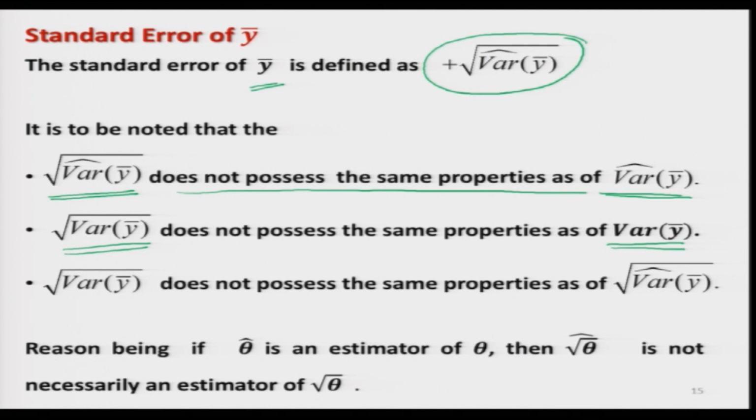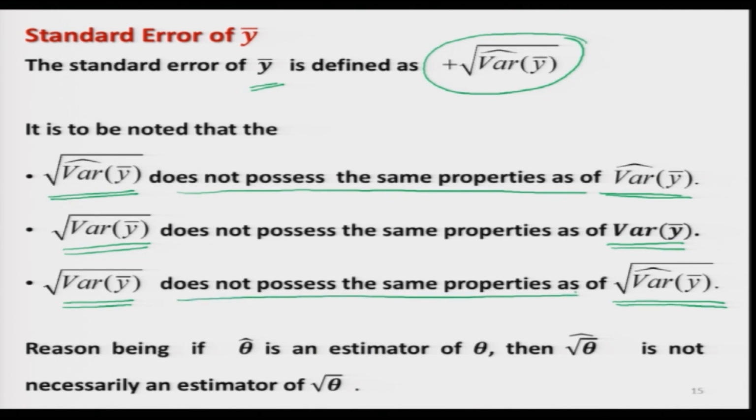And when you are trying to estimate the standard deviation, which is the positive square root of the variance of y bar, by the positive square root of its estimator, that is, the estimated value of the variance of y bar, they will also have different properties, and both of them do not possess the same properties.